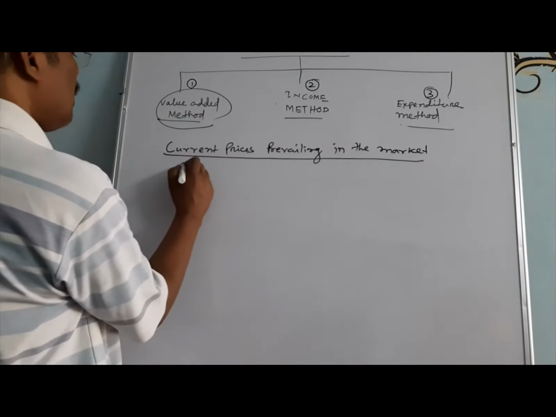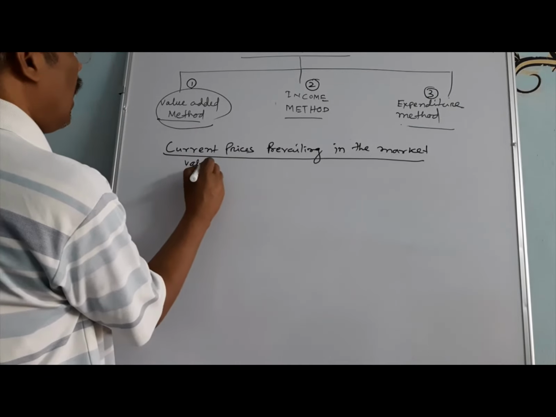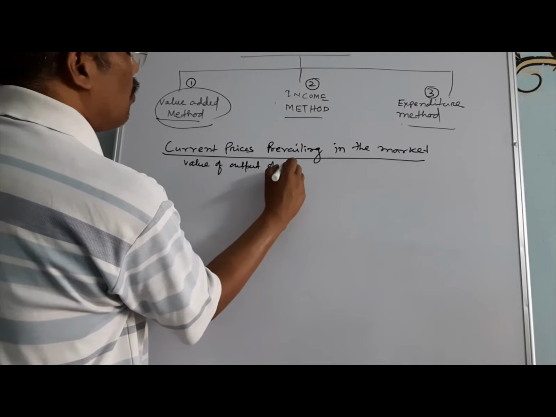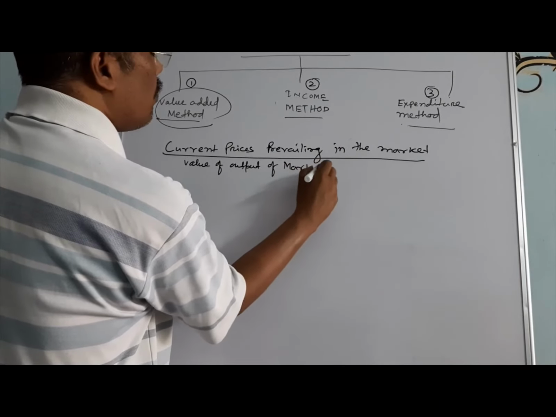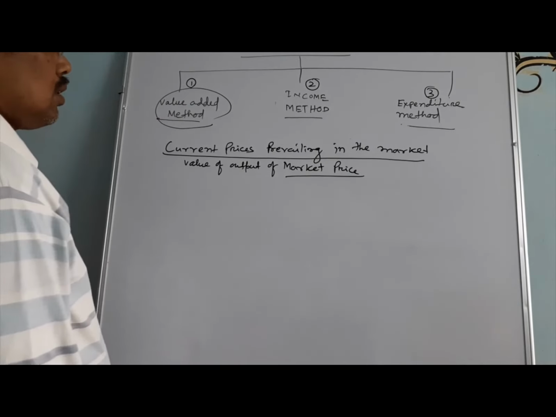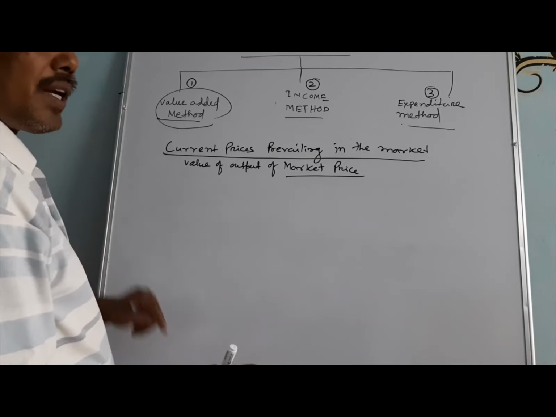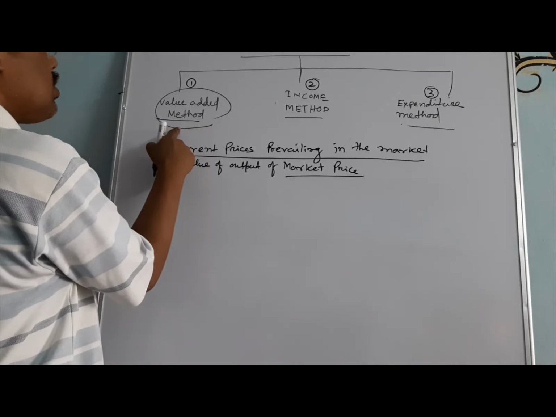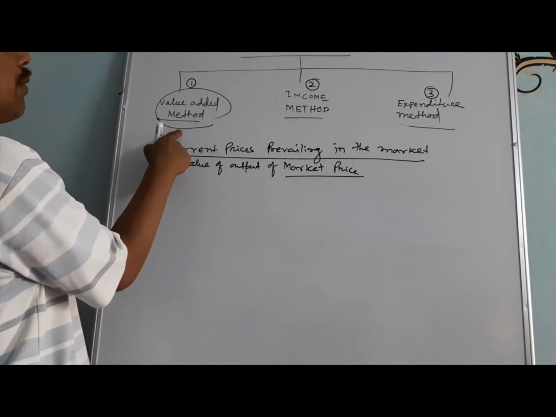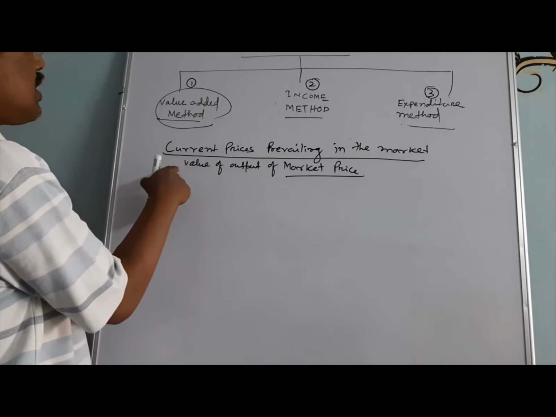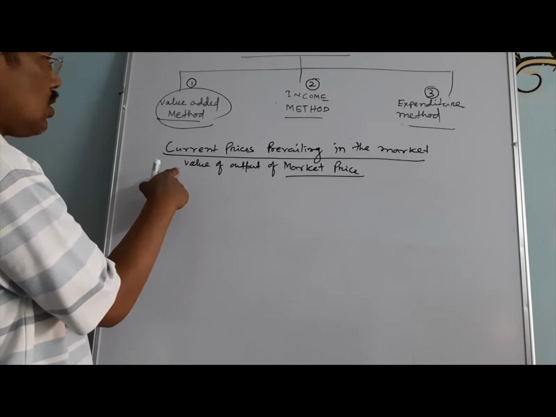This is called the value of output at market price, because we have already known the factor cost and market price. Whenever we are finding out the value-added method, in the initial stage the price to be considered is the current year price.